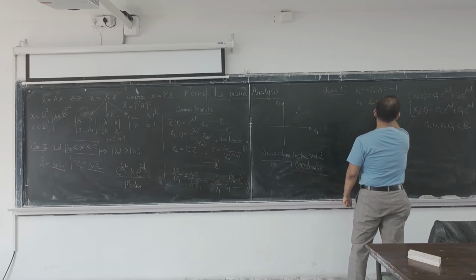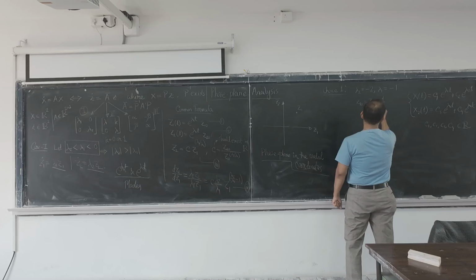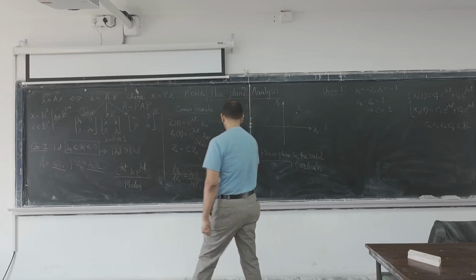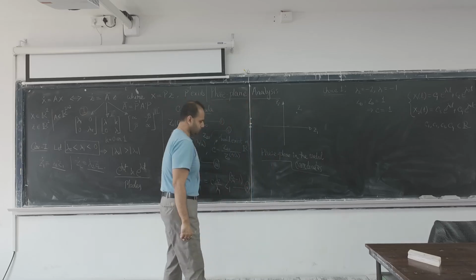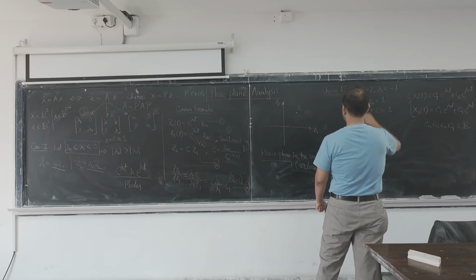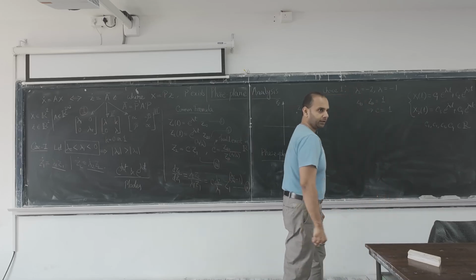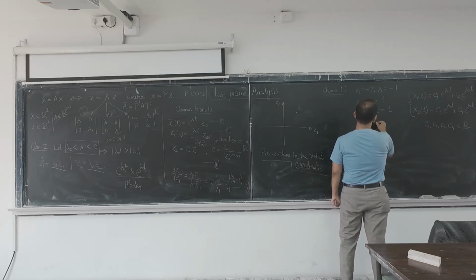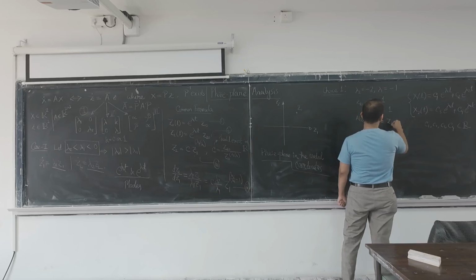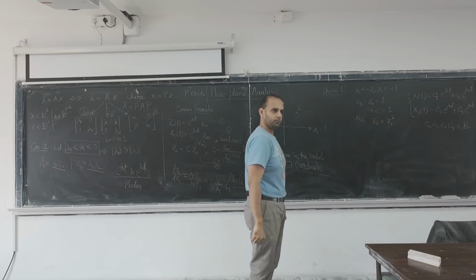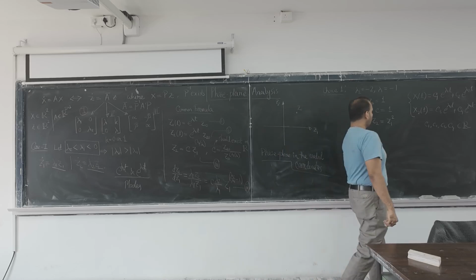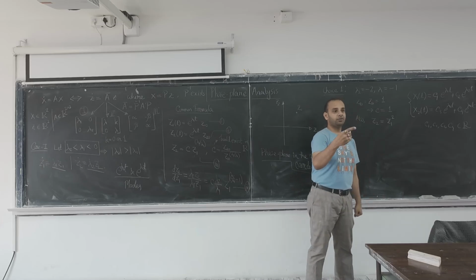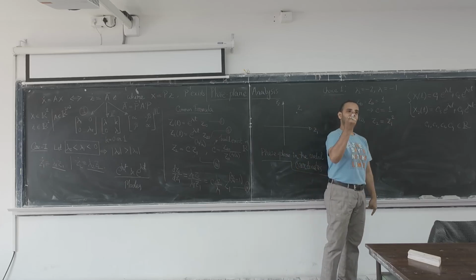So if both of them are 1, then it will give you c equals 1. Then we have to get the pattern. If c equals 1, it will give you z2 equals z1 square. Now it can be other things: if I consider this lambda 2 to be like 3 or 4, then accordingly this power will also change.